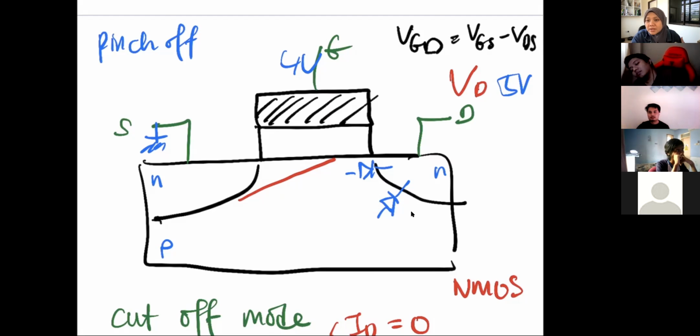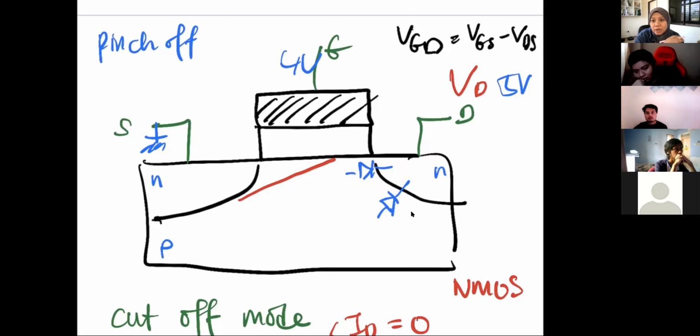So what is an inversion channel? An inversion channel is like a channel full of free carriers. If that region becomes depleted, it means that there are no free carriers there. So you cannot have an inversion channel when the diode here is reverse biased. Okay, now you understand, right?